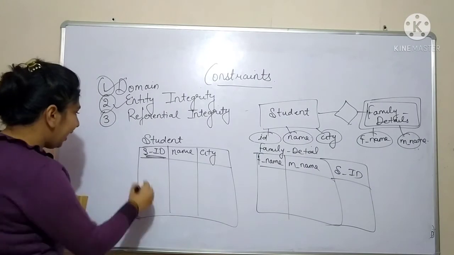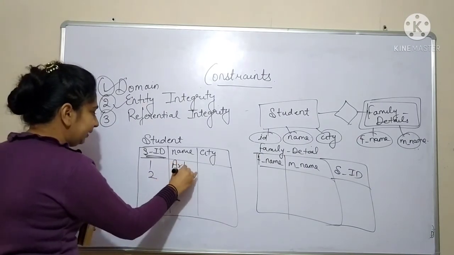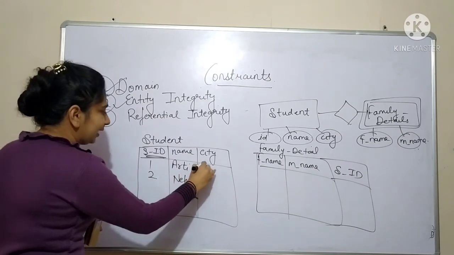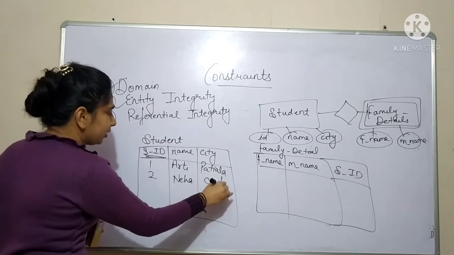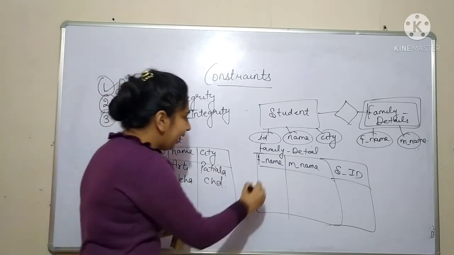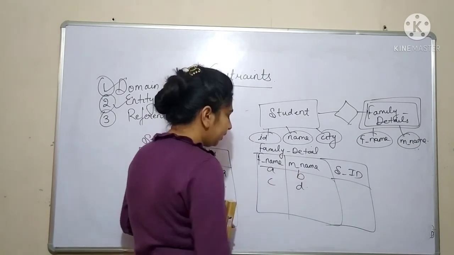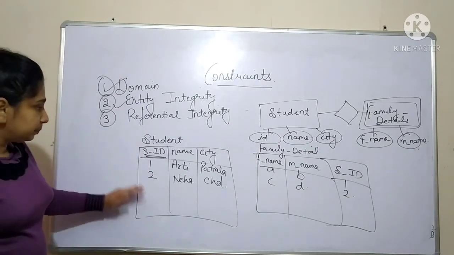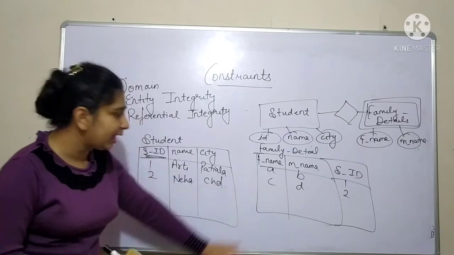So we have two students, let's suppose Aarti and Neha. Aarti belongs to Patiala and Neha belongs to Chandigarh. And let's suppose we have mother name and father name like this. Now we have a relationship between these two tables.